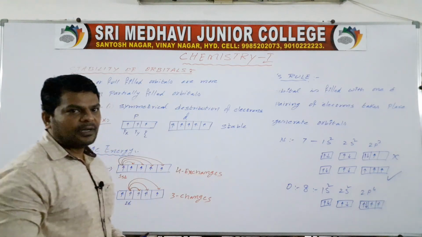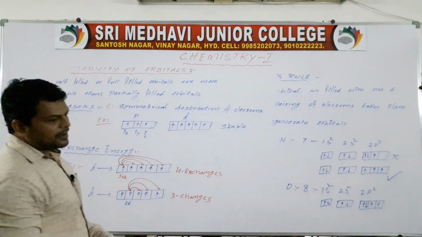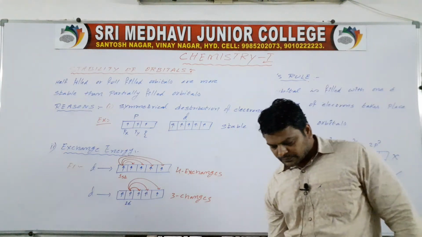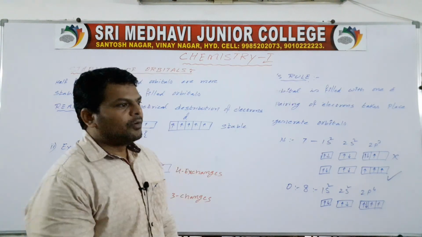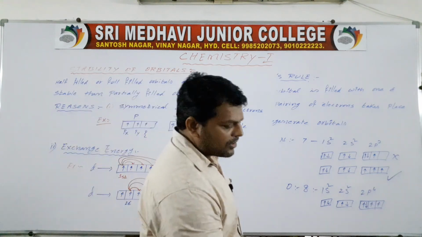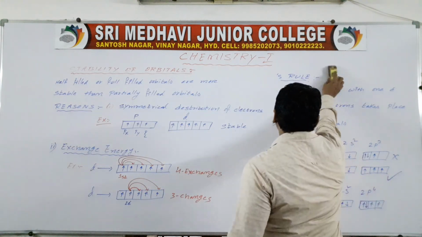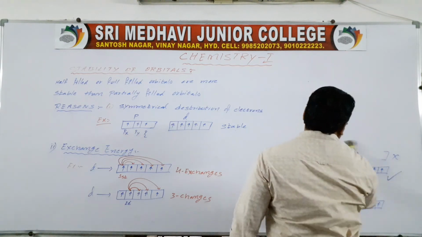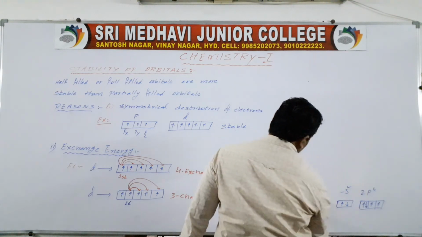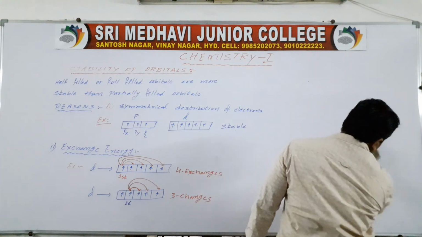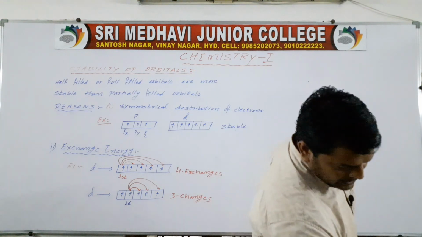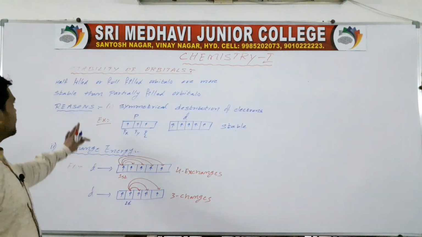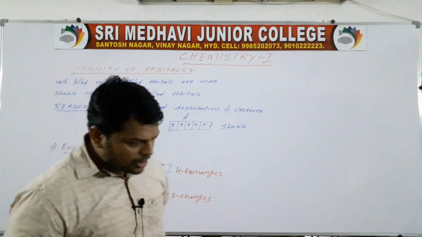Then we have to discuss electronic configuration: what electronic configuration is, and writing the electronic configuration of some atoms. So this is briefly the stability of orbitals.